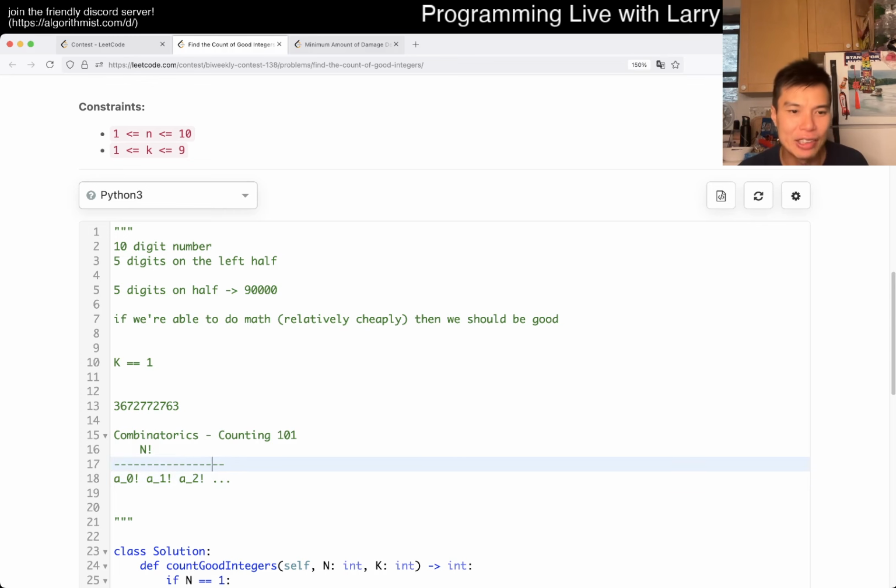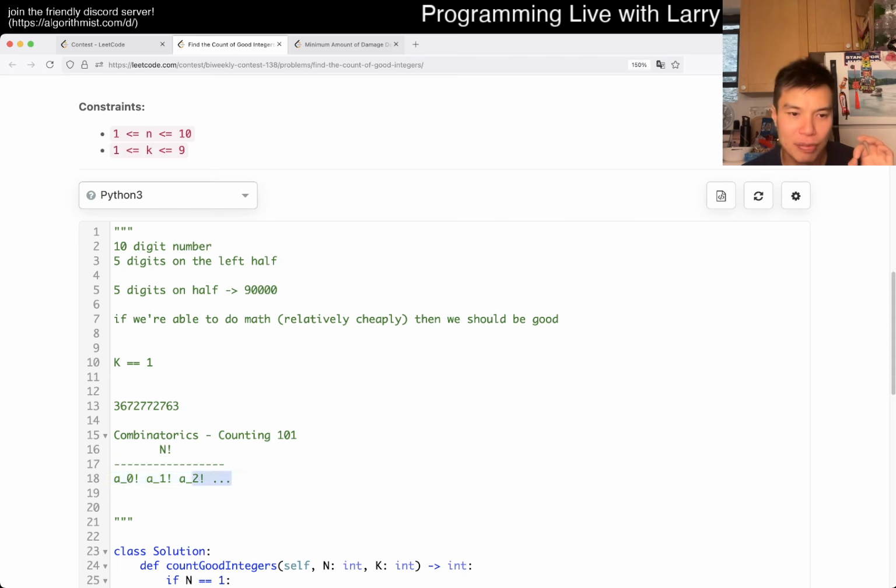You could say it in English: n factorial is the number of permutations of all the things, and then you account for duplicates. If we have two 2s, then there are 2 ways that they're interchangeable, right? So that's basically the idea. It's not a hard proof.